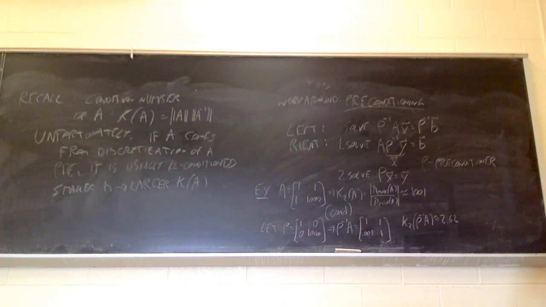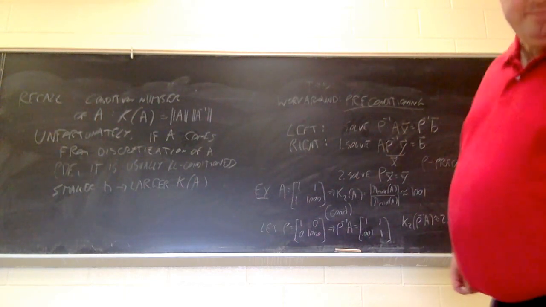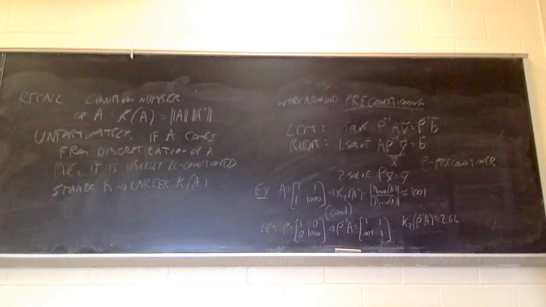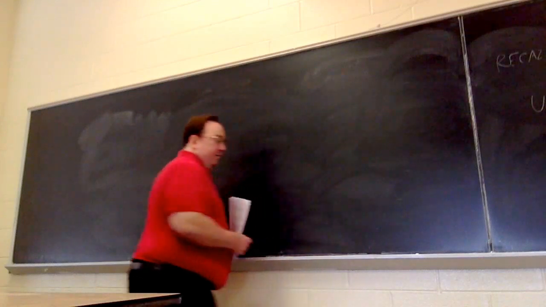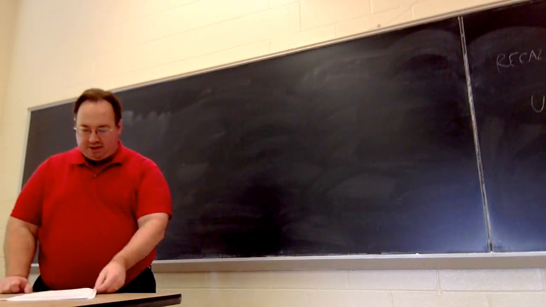But preconditioning is not easy, unfortunately. In fact, I can give you an idea as to why it's a difficult problem, because the criteria that you want your preconditioner to meet actually compete against each other.